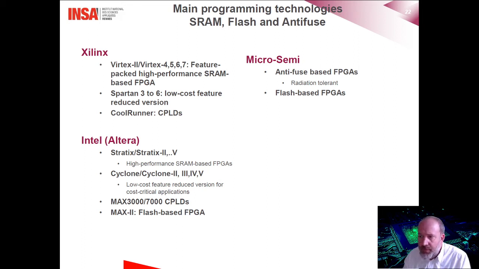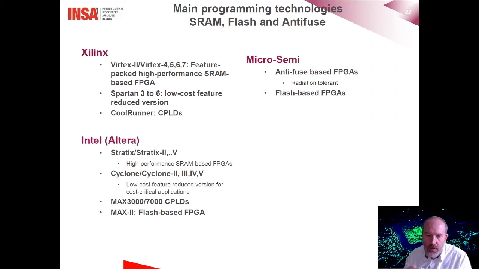The Spartan family consists of devices with a smaller size and are reduced versions of Virtex. The CoolRunner family is a family of specific devices called Complex Programmable Logic Devices, or CPLDs, with an internal structure which is quite different from FPGAs and much simpler.